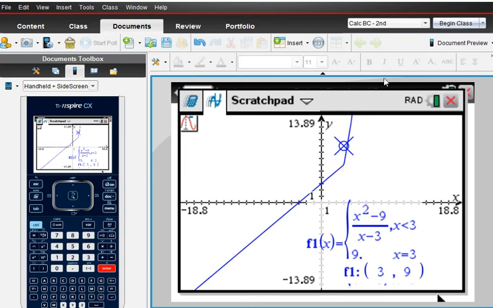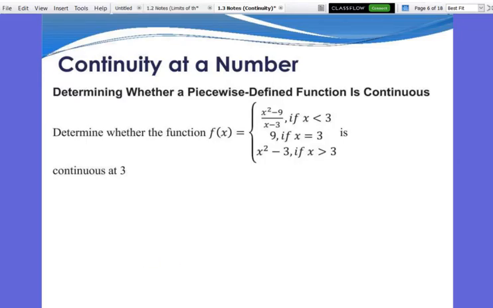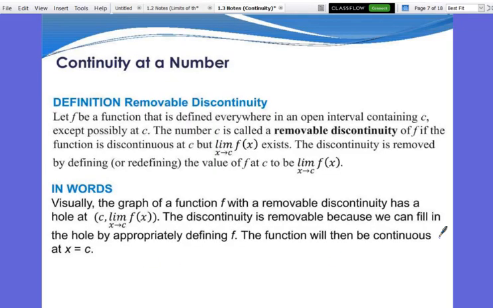All right, so let's take a look at the next one. Definition, removable discontinuity. Let f be a function that is determined everywhere in an open interval containing c, except possibly at c.